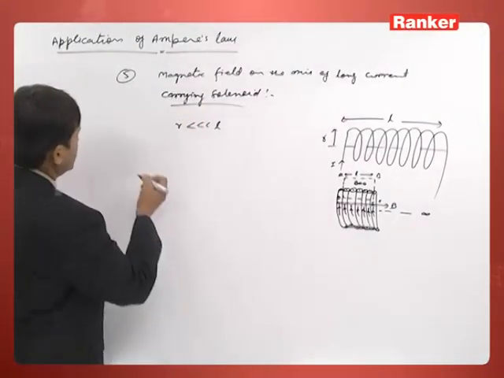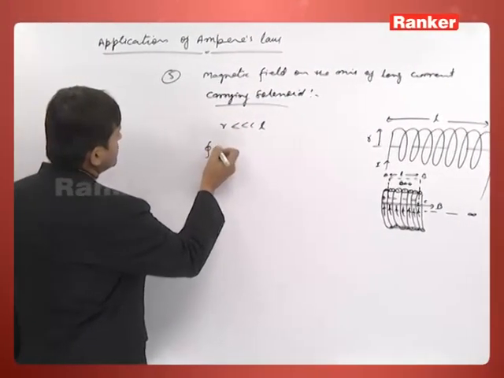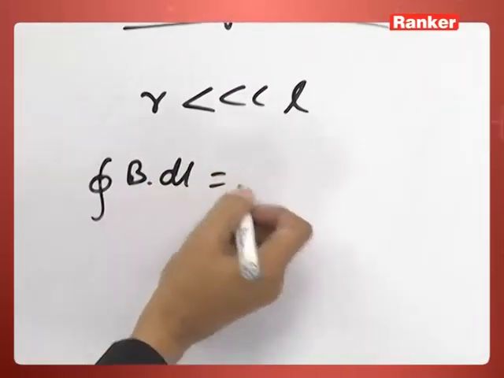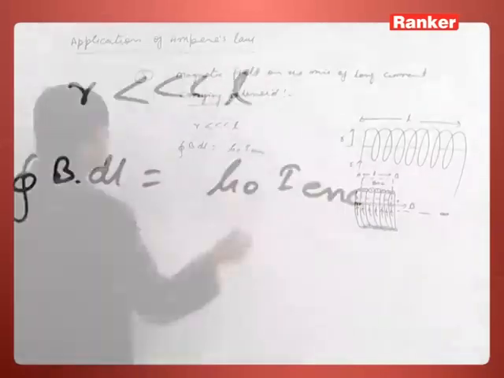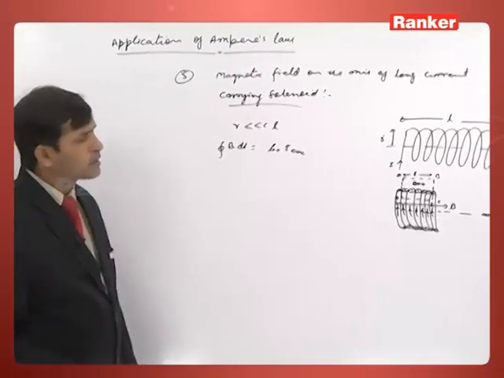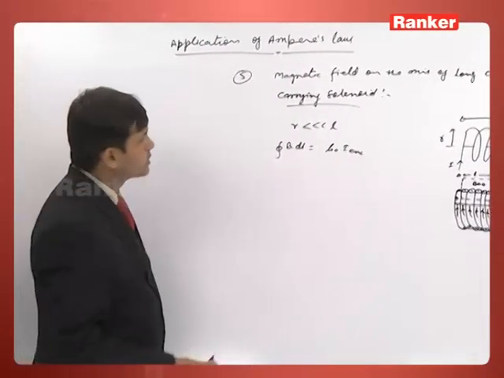So now, according to Ampere's law, the closed integral of B dot dl is equal to mu naught I enclosed.